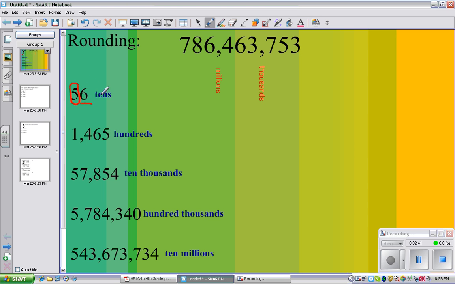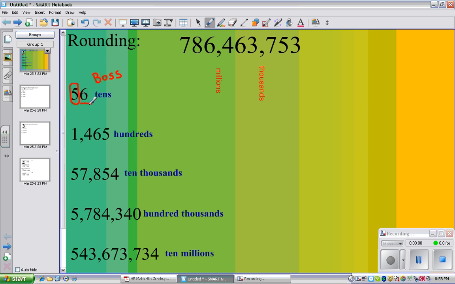Now here's the tricky rule to remember. If the number you underlined, which I like to call the boss, the reason I call it the boss is because that's the number that's going to tell you what to do, whether you're going to round up or you're going to keep the circle number the same.